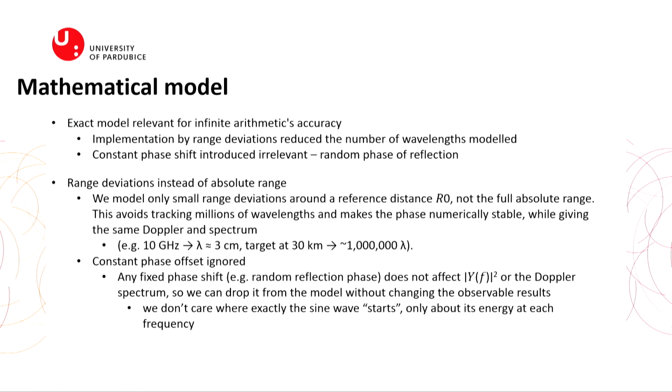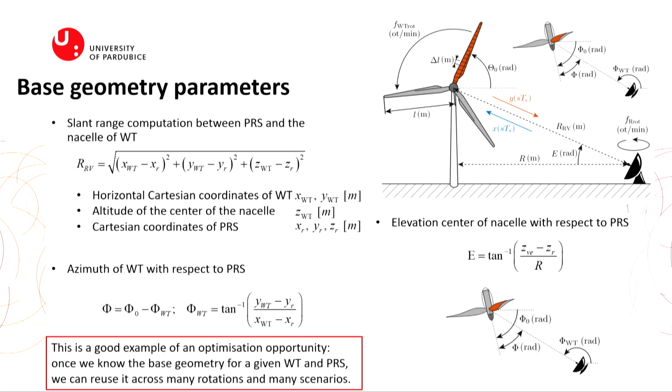You don't want to do it this way. So it is clear why we do it from range differences. And in case I use range deviation instead of absolute range, I can ignore the constant phase offset, because it depends only on differences of phases, and it is not important for me.